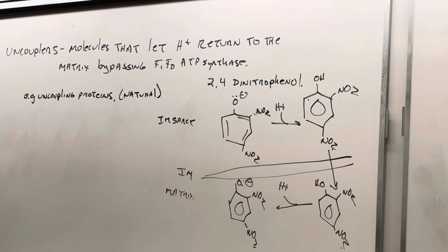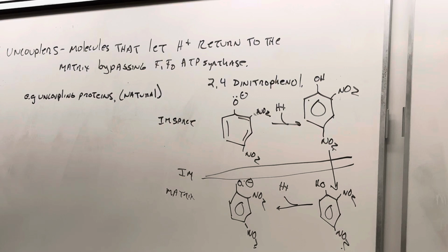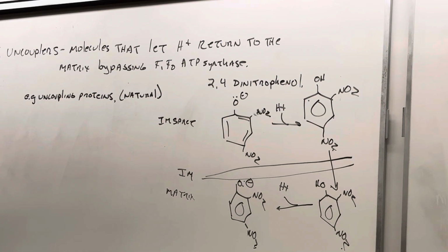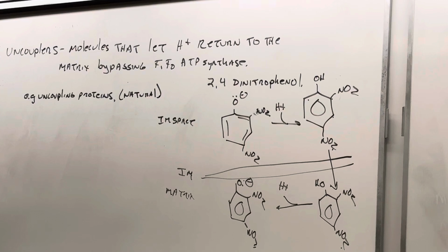The problem is what's known as the therapeutic index. The therapeutic index is the difference in concentration between what gives you the desired effect and the effect that kills you. And the therapeutic index of this is pretty narrow. So it's easy to overdose and die, basically, by taking a little bit more.